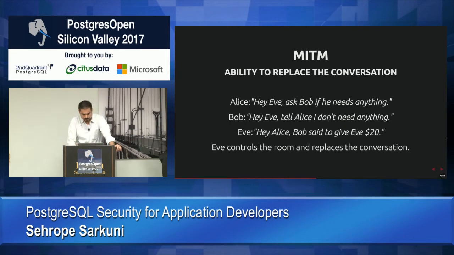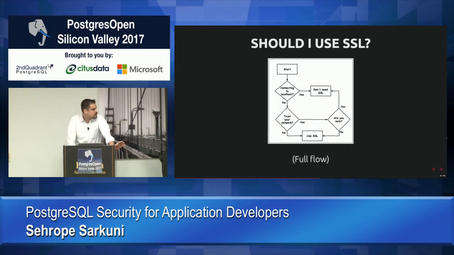So if you're trying to figure out if you should be using SSL, it's like a flow chart. If you're connecting to localhost, you don't really need SSL because your bytes aren't actually leaving your computer. Presumably it's secure. If you're not connecting to localhost, you have to ask yourself, do you trust the network you're connecting on?